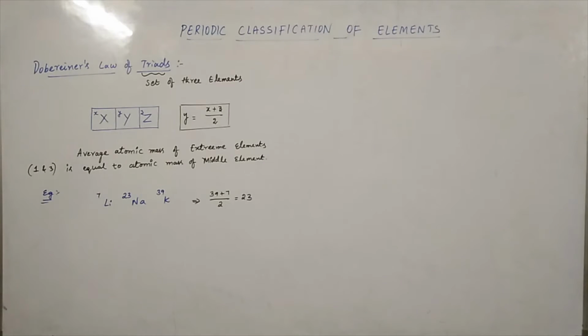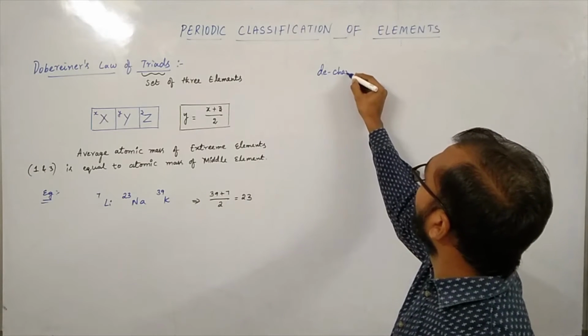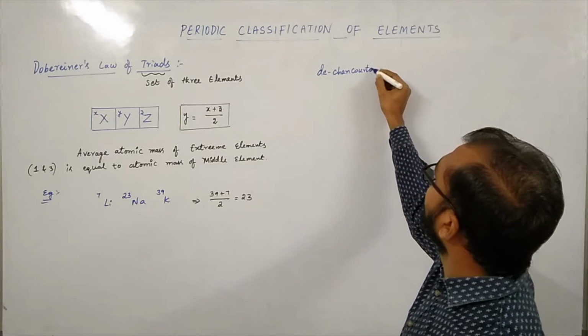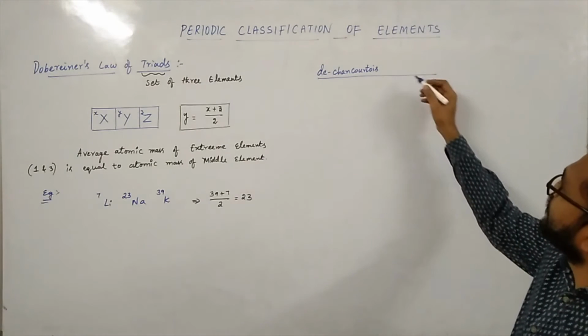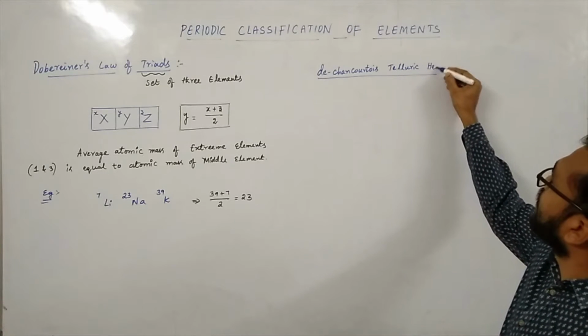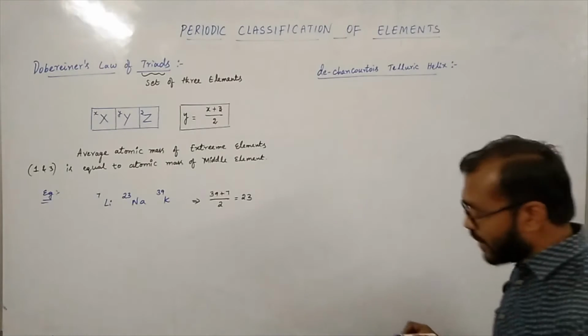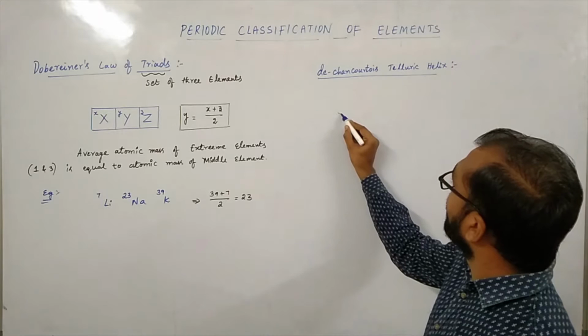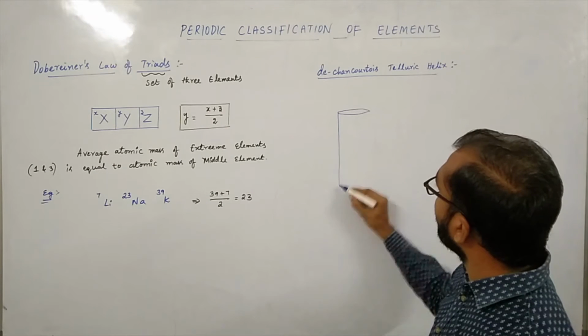So later, another proposal was made by another scientist named de Chancourtois, the de Chancourtois telluric helix model. Let us assume a cylinder here.